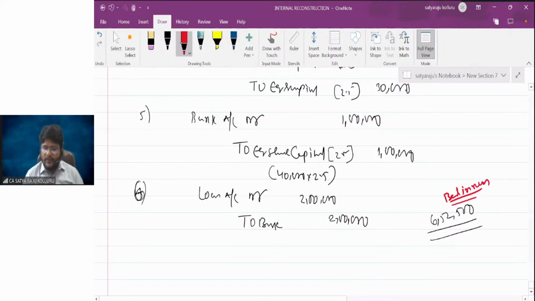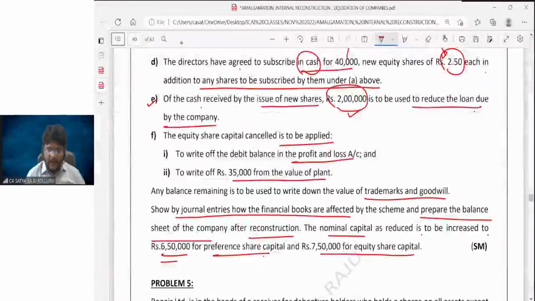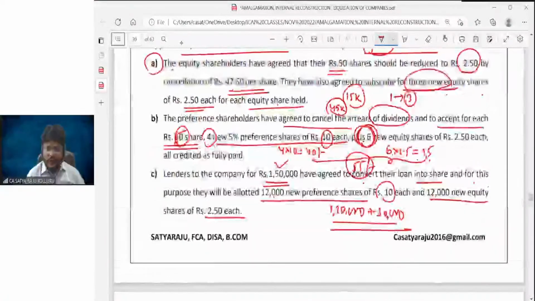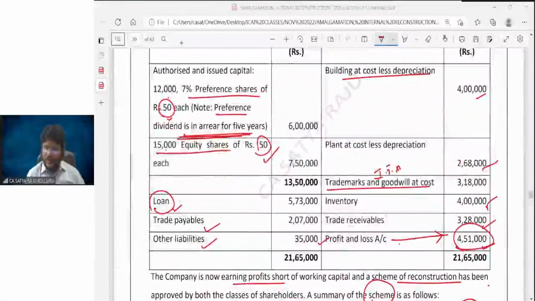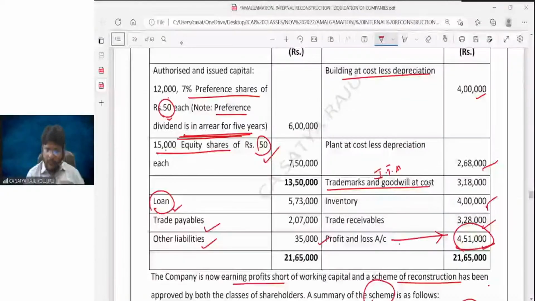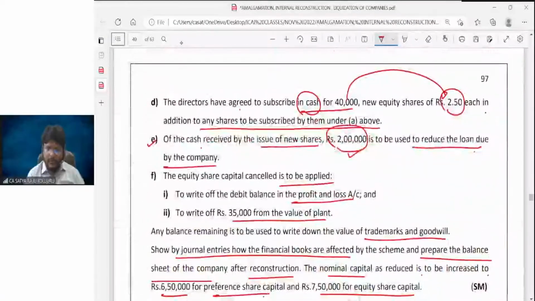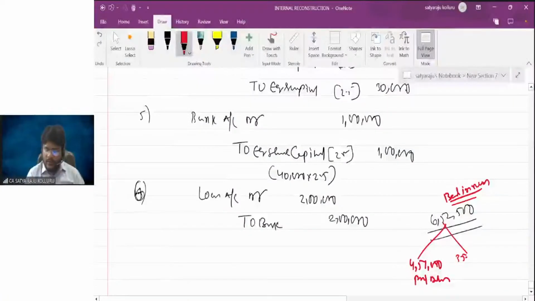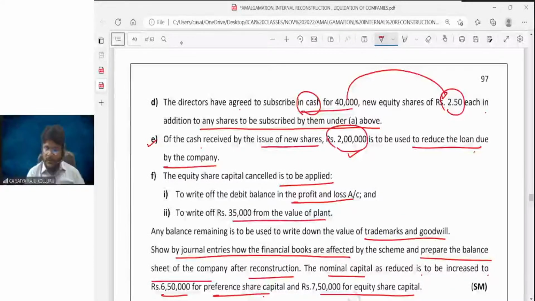Now, out of this 6,52,500, I should set off the P&L account debit balance to the extent of 4,51,000. 4,51,000 is P&L debit balance. And one more thing, they told us the plant should be reduced to the extent of 35,000. 35,000 plant. So the remaining you can utilize to set off the trademarks and goodwill. Am I right?